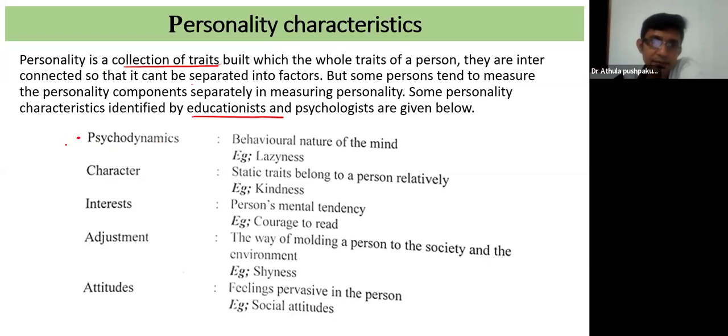Right. Now the first character or feature, psychodynamics. What is this? Behavioral nature of the mind. What is this? Nature of the mind means, please think about it, some work independently. Some like to work independently.